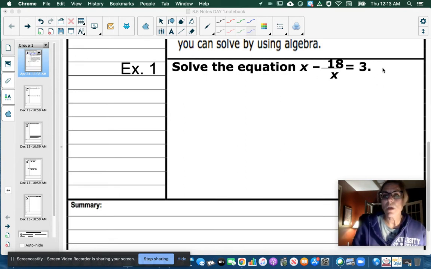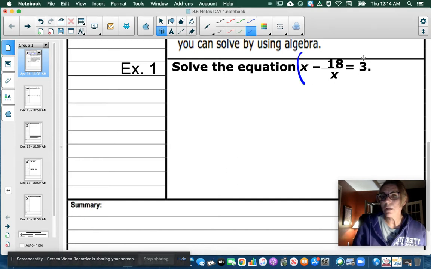We're solving the rational equation. So I'm going to do exactly what it said to do. We're going to multiply both sides by the common denominator. The only thing we see in the denominator is an x. So I'm going to multiply both the left side and the right side by x.